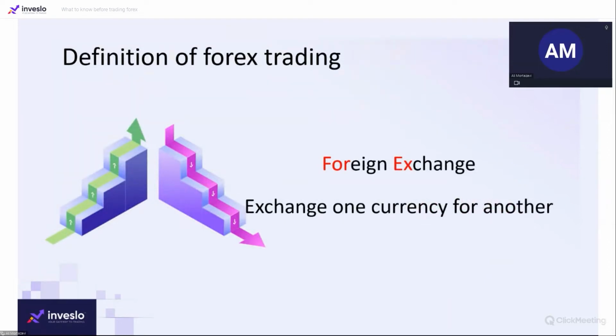As you may know, foreign exchange or Forex happens when we exchange currencies for each other, which means buying one currency and selling another. The interesting thing about Forex trading is that you buy and sell currencies simultaneously, at the same time, and that's why we have all those trading instruments in pairs.